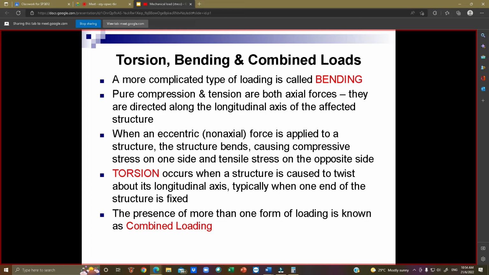Kita bukan subjected pada compression pada satu-satu masa, tension pada masa yang lain. No, but at any given point of time, most of the time, we are subjected to multiple stresses. So the first type of complicated loading is known as bending. Our body is subjected to bending a lot. Now take a look at me again.